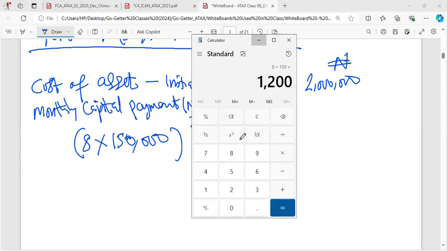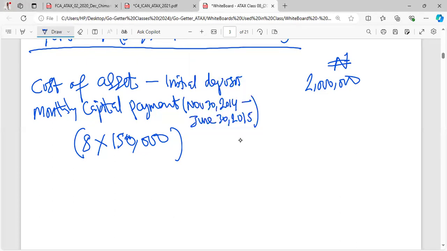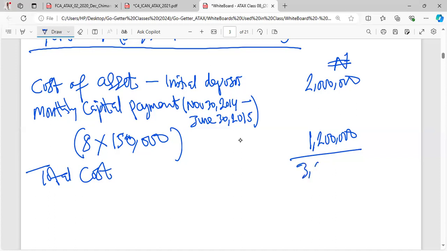So it means this is 1,200,000 here. Total cost, excuse me, total cost is going to give me 3,200,000. And that's the total cost.